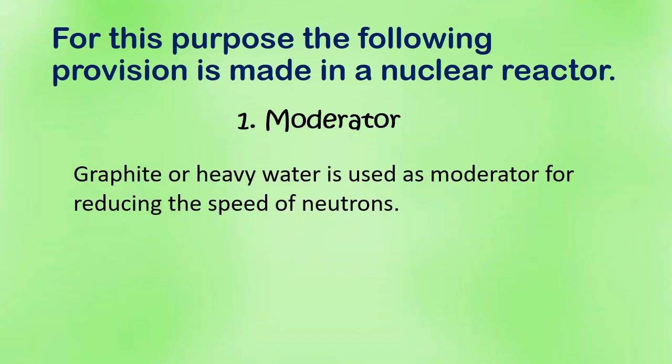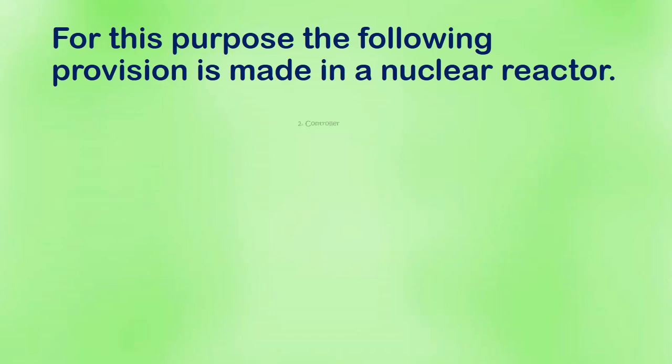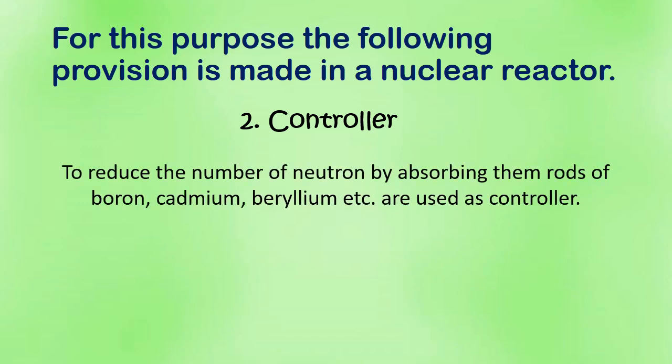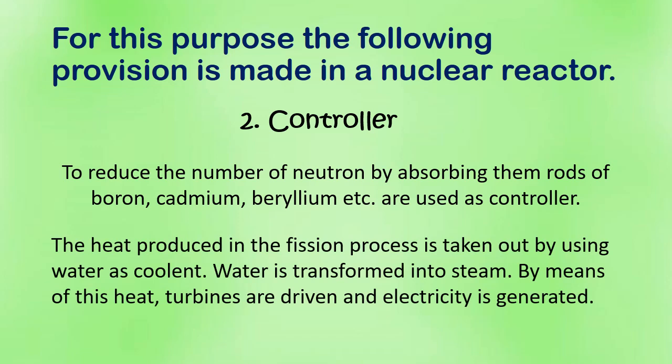Graphite or heavy water is used as moderator for reducing the speed of neutrons. Number 2. Controller. To reduce the number of neutrons by absorbing them, rods of boron, cadmium, beryllium, etc. are used as controllers. The heat produced in the fission process is taken out by using water as coolant.